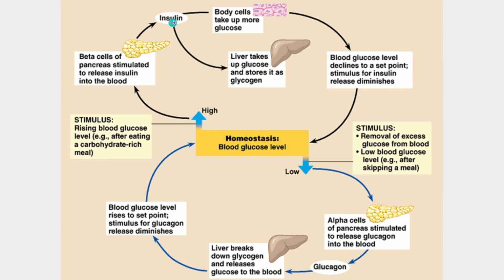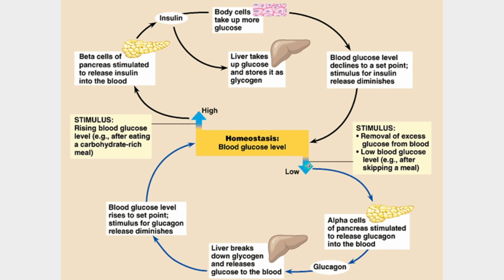At the same time, it goes to other parts of the body so that body cells can take up more glucose. This decreases the blood glucose level to the set point, so your blood glucose level becomes normal.